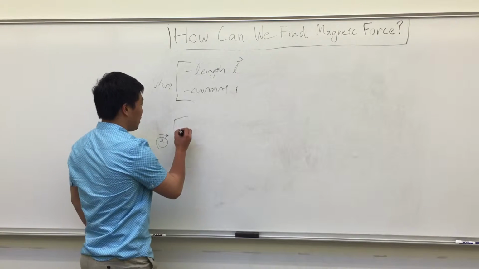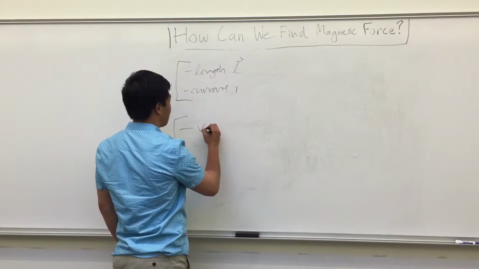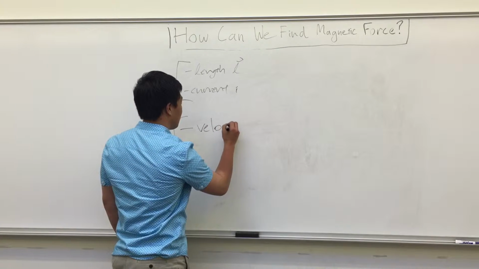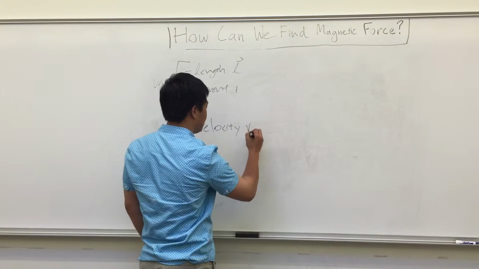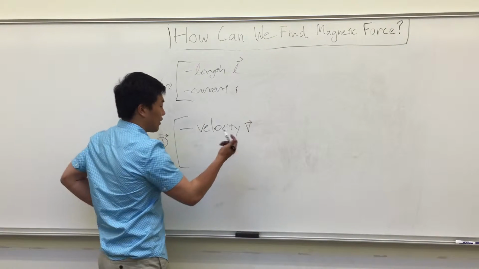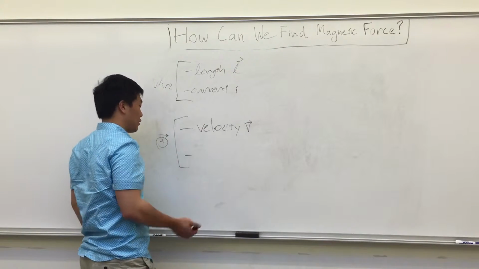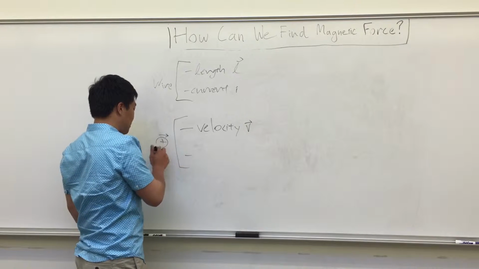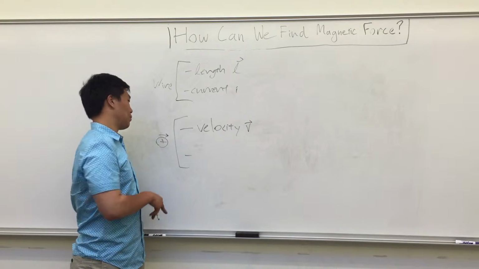Alright, and now for this moving charged particle, last video, we saw that magnetic force is a relativistic phenomenon. And with all relativistic phenomena, as the speed of our reference frame increases, we are going to notice more of these relativistic effects. So as velocity increases, velocity being a vector quantity, we are also going to notice more magnetic force. And now we need to think about what else this magnetic force is going to be related to.